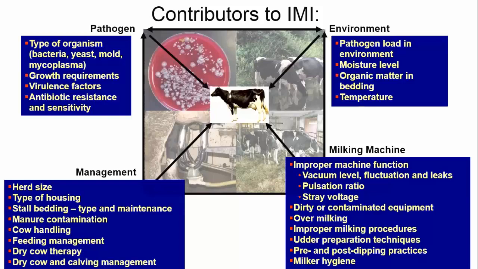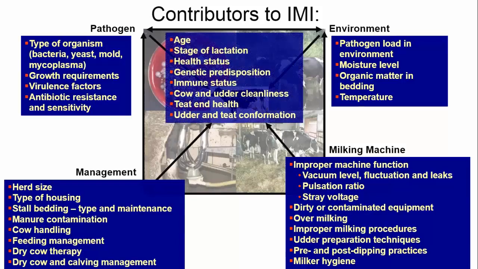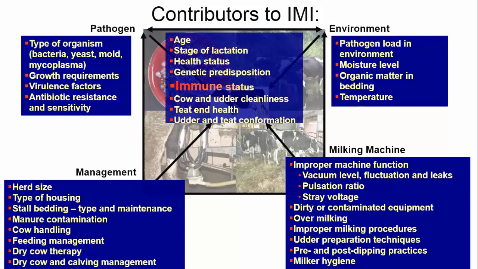And then we have cow factors: the age of the cow, the stage of lactation, health status. We're now looking at genetic predisposition to mastitis, and of course, the role of the immune status of the cow herself. So it's all of these things that make and continue to make mastitis the single most important disease process on the dairy farm.